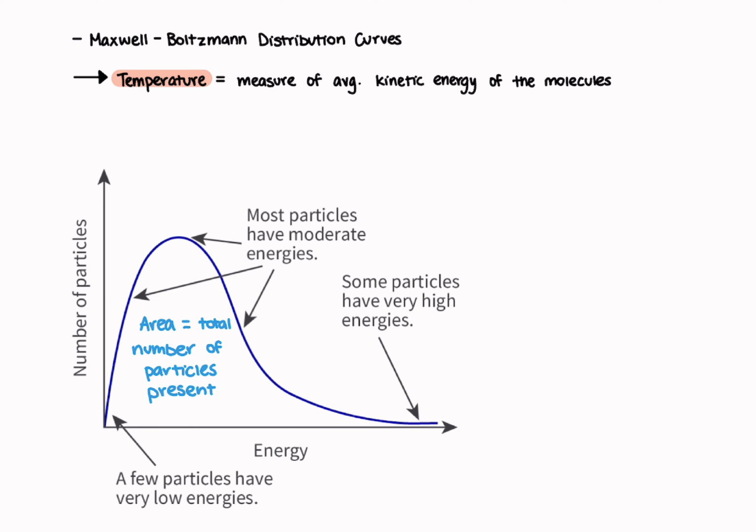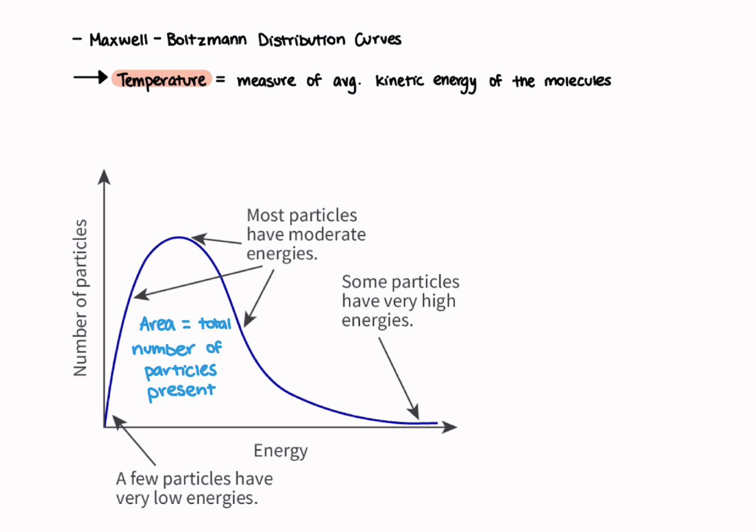And as you can see, the y-axis of the graph is the number of molecules possessing the given energy, and the x-axis is the amount of energy that these particles or molecules possess. The area underneath the graph is the total number of particles that is present.